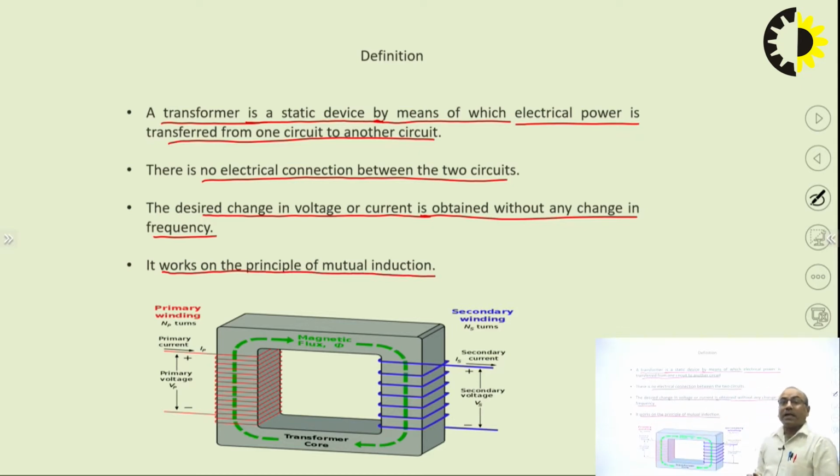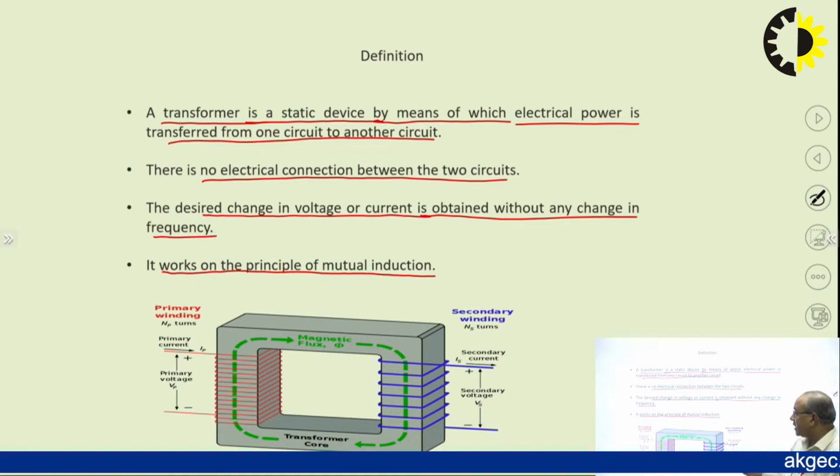That means the two sides are mutually connected with each other, and mutual induction takes place between the two sides, with the help of which electrical power is transferred from one side to another. So, this is basically the working principle of mutual induction. All these points are covered under the definition of a transformer.